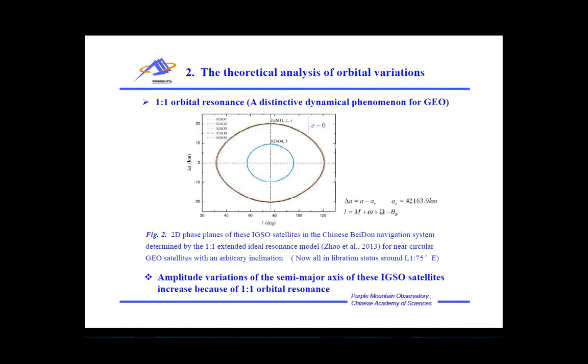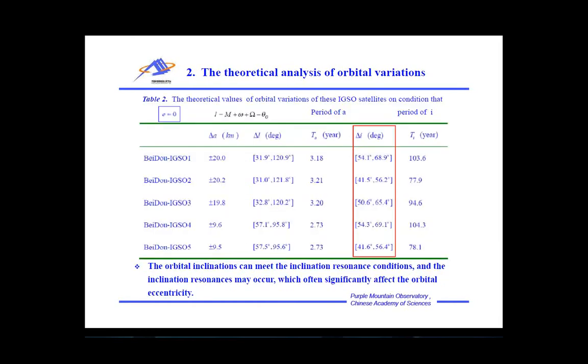This horizontal line marked L is defined like this, where theta G is Greenwich mean sidereal time, and the vertical line delta A is defined like this. Currently, all these 5 IGSO satellites are in libration status around L1, that's 75 degrees east.